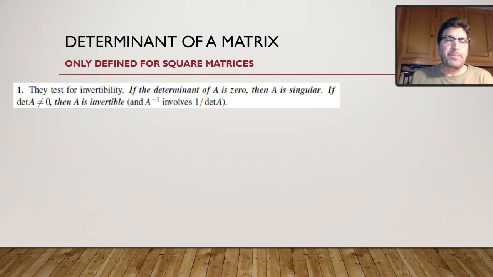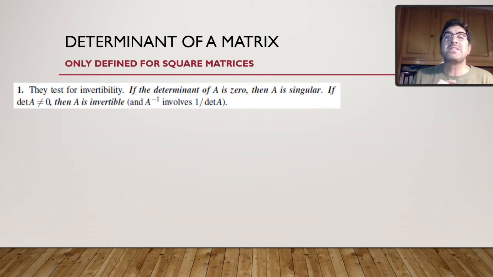First of all, what does the determinant do? It tests for invertibility. It tells us, can we invert a matrix, just like you find the inverse of a function. And what does that tell us? If the determinant of a matrix is 0, then the matrix is singular.